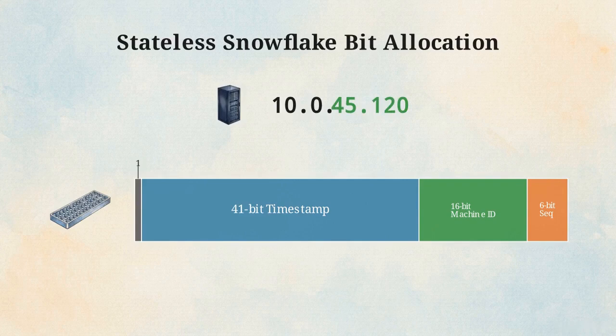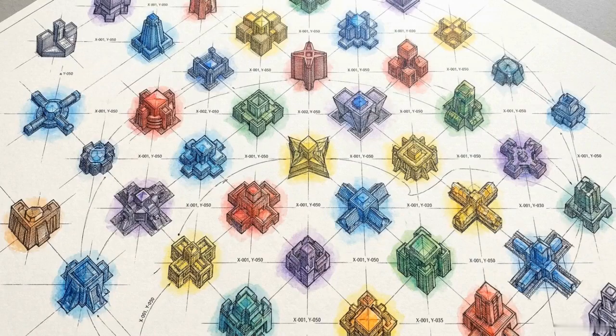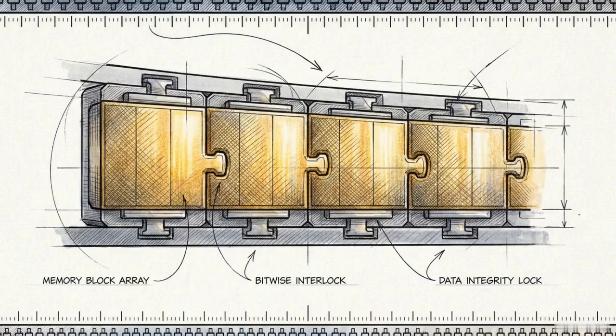When the container initializes, the generator reads its own private IPv4 address from the local network interface. It strips the last 2 octets and writes them directly into the 16-bit machine ID block. Because IP addresses within a local subnet are guaranteed to be unique, this mathematically ensures a collision-free identity assignment. The node secures its identity instantly without a single external startup dependency.